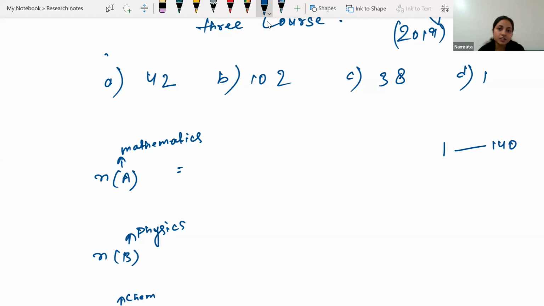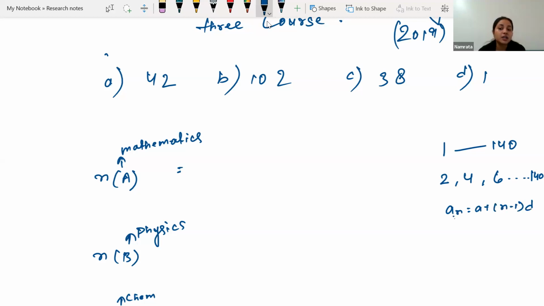Now there is a short trick for finding the even numbers, but before that, we can use the concept of AP. The first even number will be 2, the second 4, the third 6, and like that the last number is also an even number, 140. So we can use the formula of AP: nth term is equal to a plus n minus 1 into d.